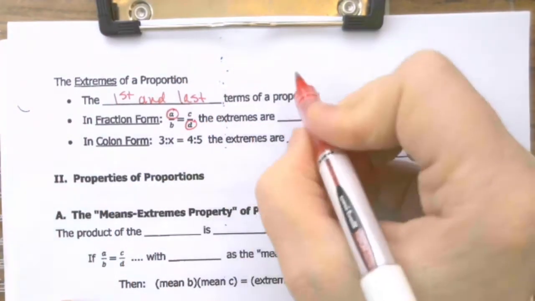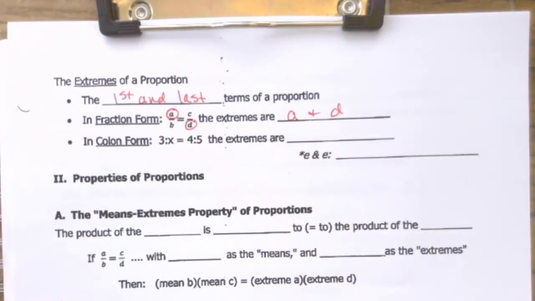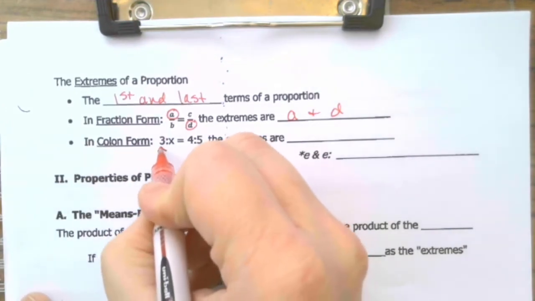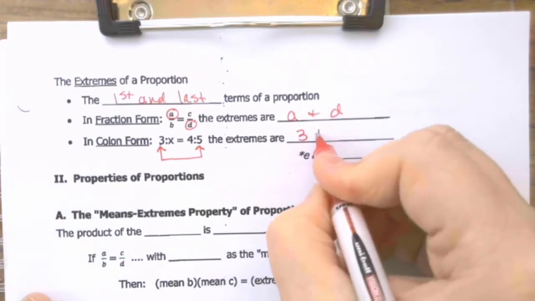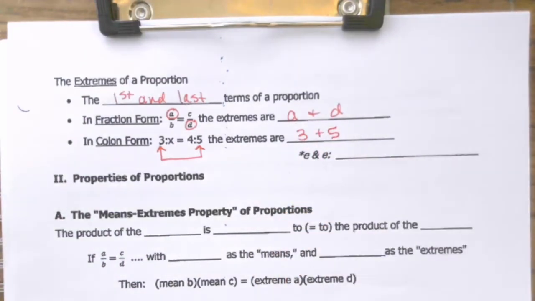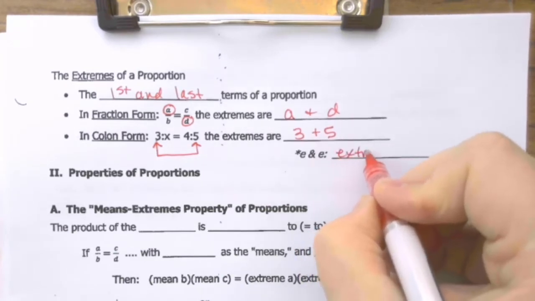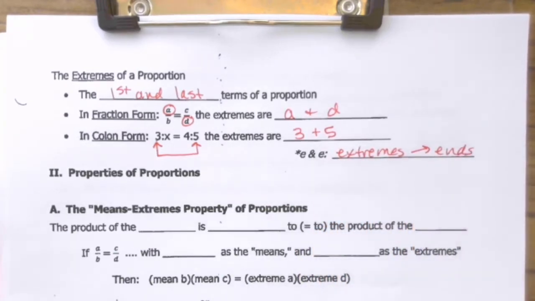So the extremes would be A and D. In colon form, the extremes are the ends, the outside two, which are 3 and 5. Now, a way to remember extremes, E and E, the extremes are the ends. The means are the middle, the extremes are the ends. Pretty easy to keep straight.